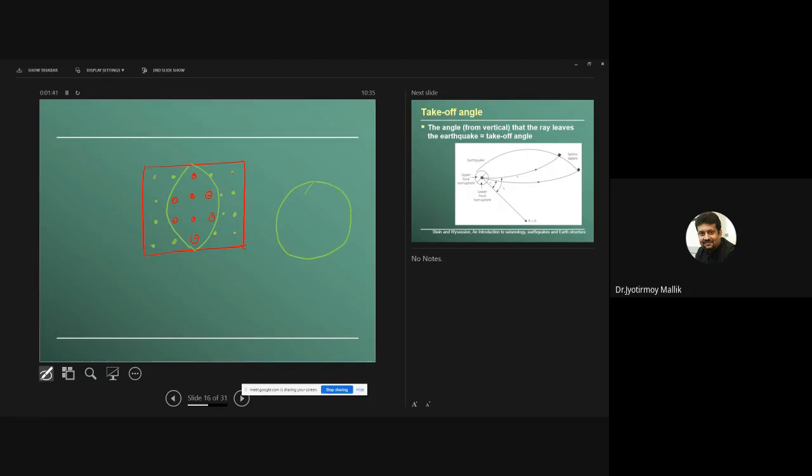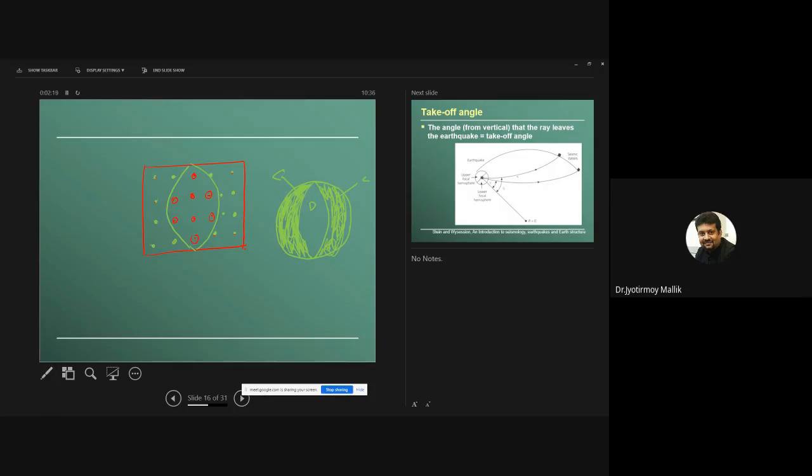They would look like this, where both sides are compressional. And in between, this is compression, and this is dilation. And this speaks for the picture that I just talked about.